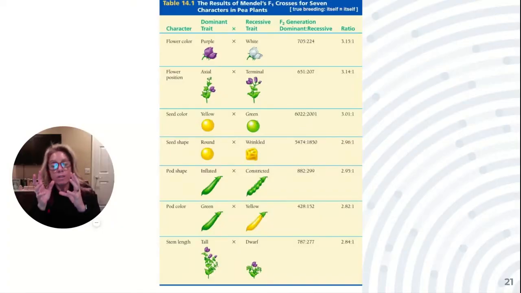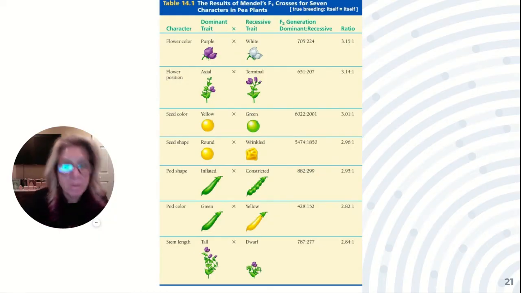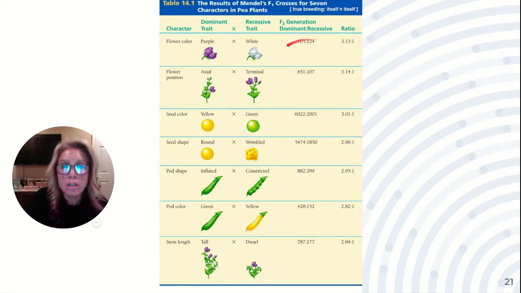He would take those offspring, the F1s, and cross-pollinate them with each other to create F2s. So those would be like the grandchildren from the original parent plants. In the F2s, when he would do those crosses, he would get a 3 tall to 1 short ratio. 3 tall to 1 short. And here you can see some of his actual numbers.